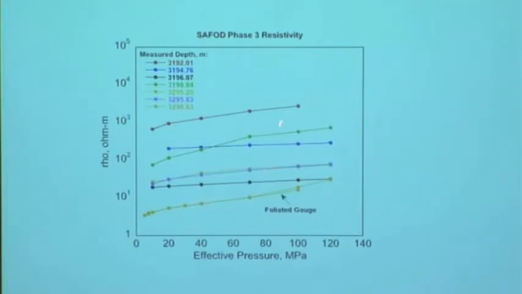The 100 megapascals would be roughly equivalent to the pressure that you would get for hydrostatic pore pressure in the pore space. We don't know what the pore pressure is in the formations crossing the fault, so there is some speculation that it may be overpressured, in which case values down here might be more appropriate.